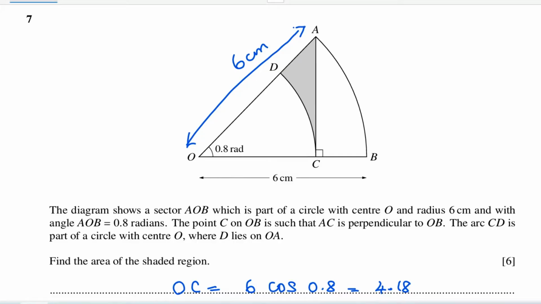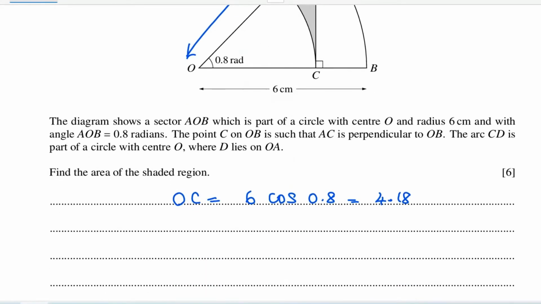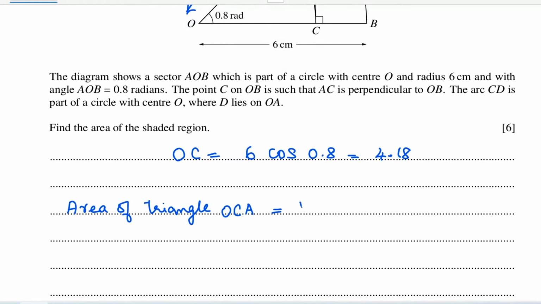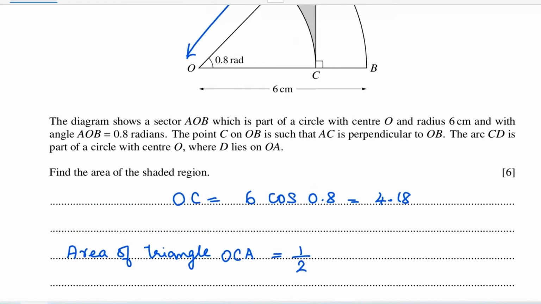So first let's find out what is the area of the triangle OCA. We'll use the half ab sin C formula.